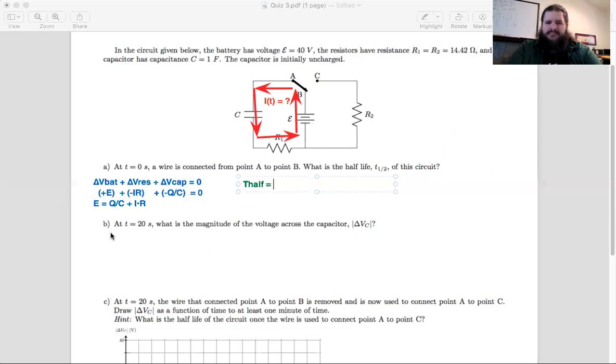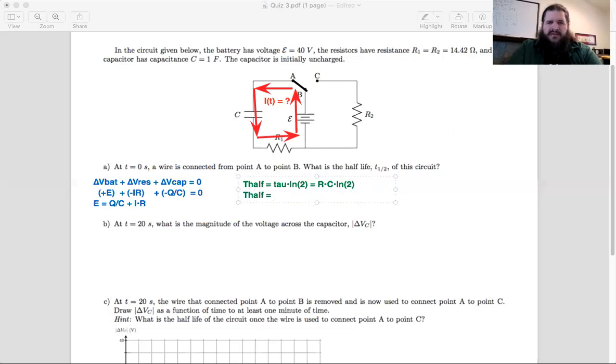Tau times ln2? Yeah, it's just the time constant times logarithm of 2. And yeah, the time constant itself is just R times C. R times C times logarithm of 2. And we know the resistance, we know the capacitance, so we can just multiply those together.